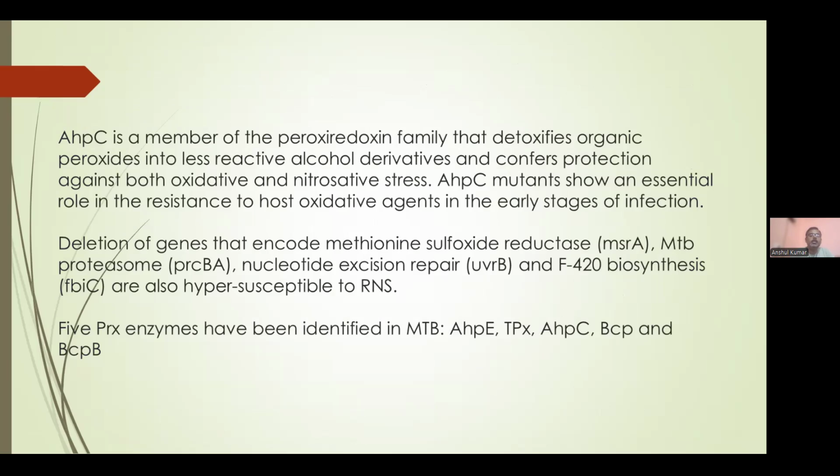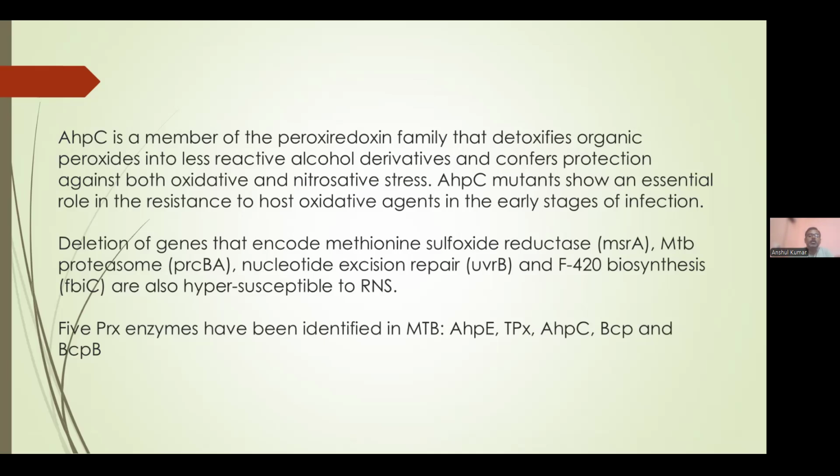Then comes the AHPC, a member of the peroxiredoxin family that detoxifies organic peroxides into less reactive alcohol derivatives and confers protection against both oxidative and nitrosative stress. AHPC mutants show an essential role in the resistance to host oxidative agents in the early stages of infection.